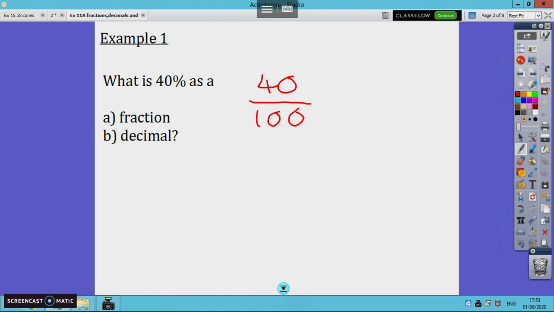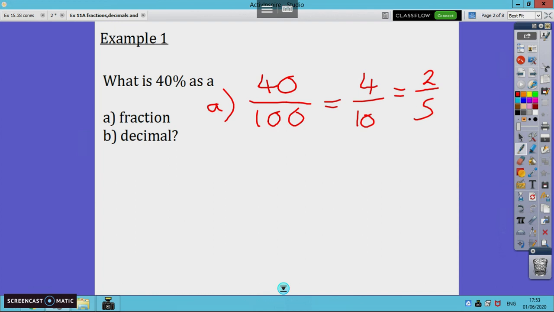So that's 40% as a fraction. Now we wouldn't leave it like that, because we know that we can simplify this. We can divide both of them by 10 and we get 4/10. And then we can divide both of them by 2 and we get 2/5. And that's what 40% is as a fraction.